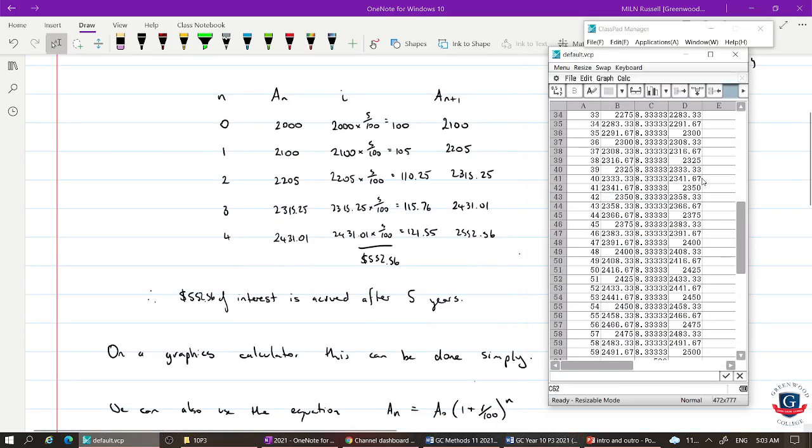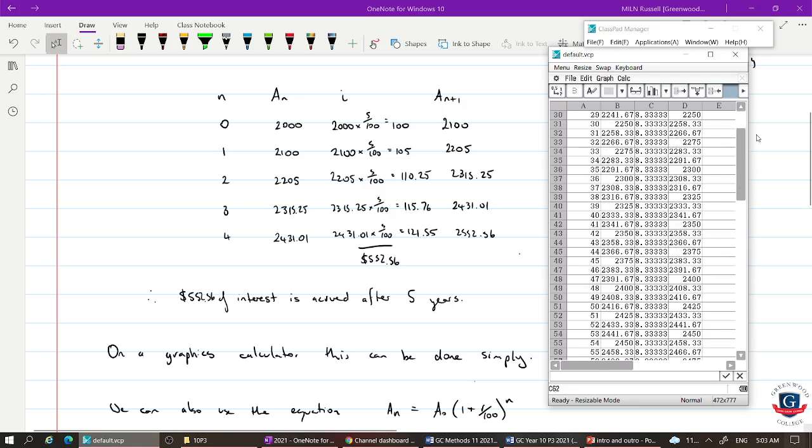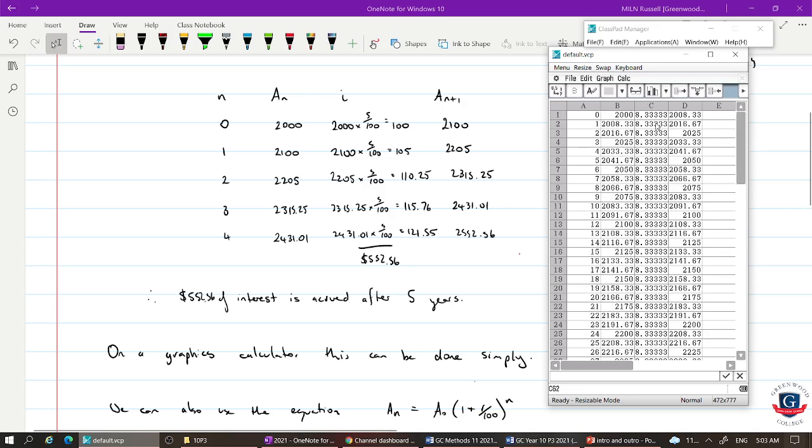Now we can see that on a graphics calculator. Here's where we finished up with simple interest. Now, as I said, the only real difference was that instead of just using the same interest value each time, we now use this formula all the way down. So I'm just going to fill range that down to 60.